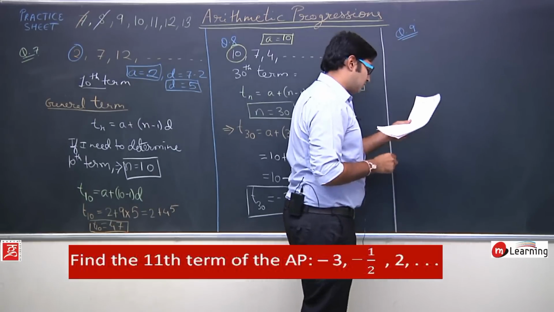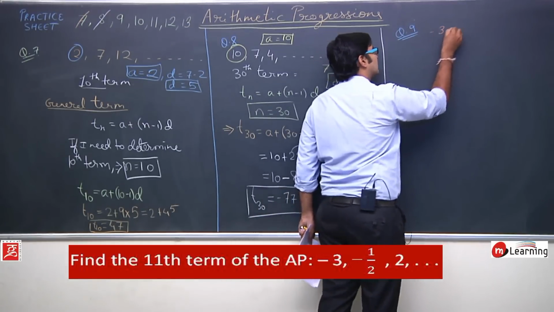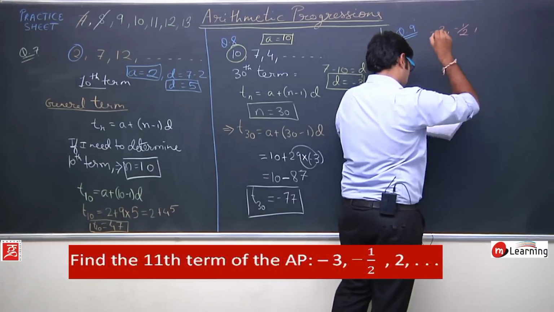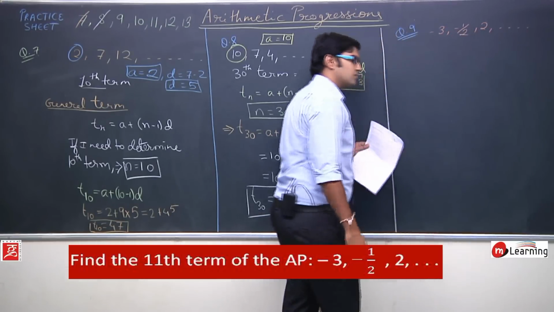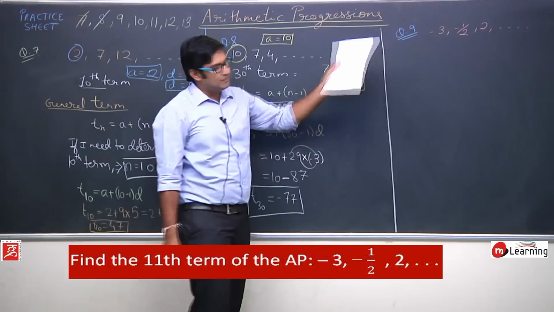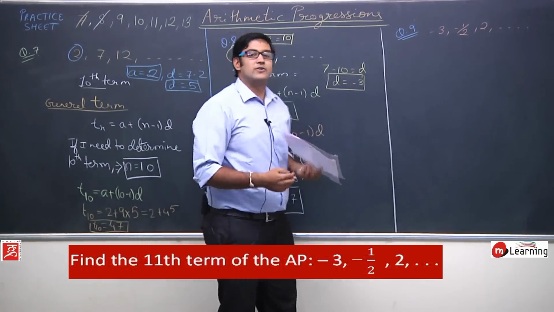You have an arithmetic progression which is minus 3, minus 1 upon 2, 2 and so on. So in this AP, let us first write the common difference and the first term.